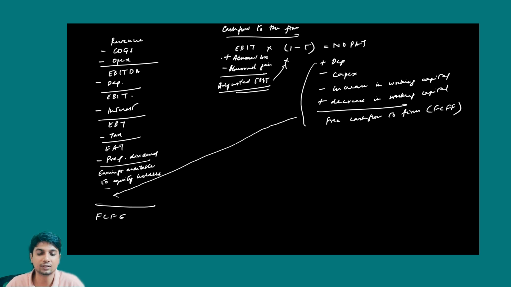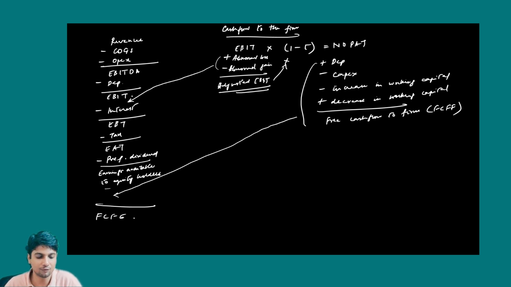So what I'll do, this adjustment whatever is there, I will do it here, and I will get adjusted EBIT, and to this I will continue the same. Like I'll subtract interest, I'll subtract tax, and the entire thing will be the same.